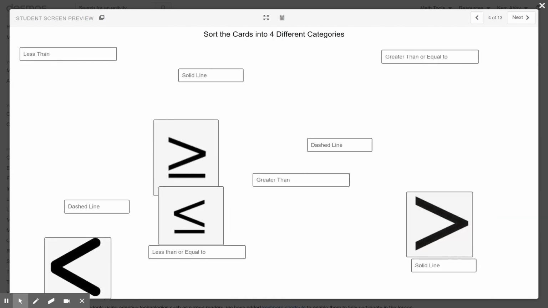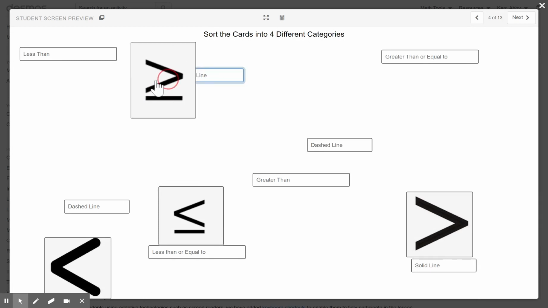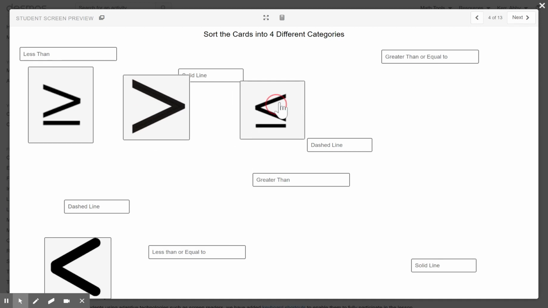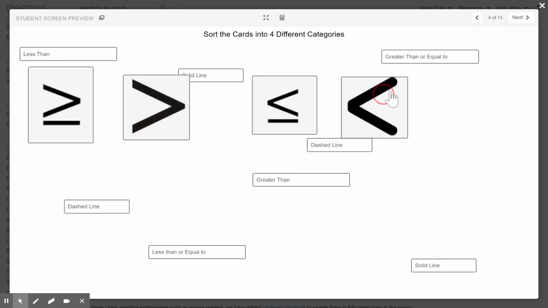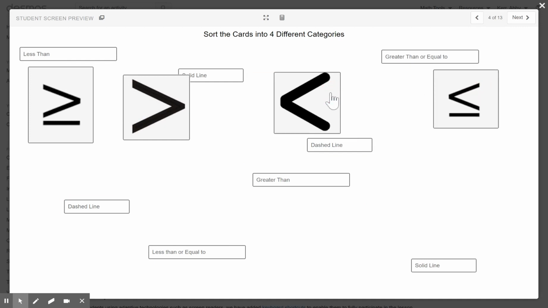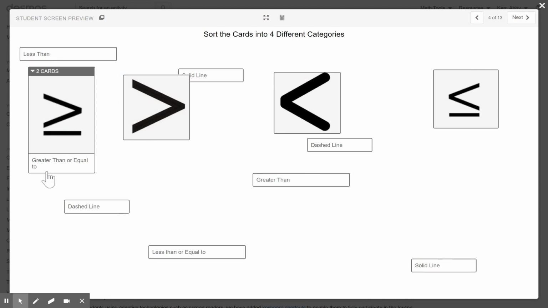So this matching activity, I recommend putting maybe all the symbols first. All right, remember when it's pointing to the right, it looks like an alligator mouth. So those are the greater than. When you have the equal sign underneath it, that's greater than or equal to.